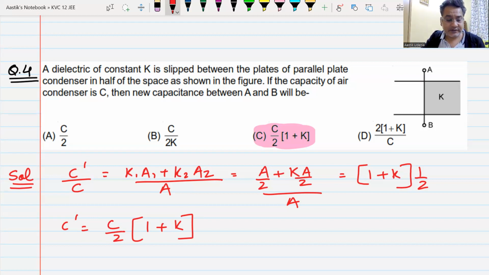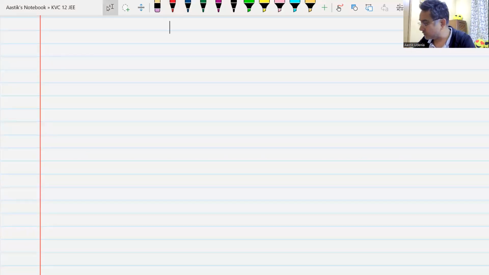So let us write the next heading, and the next heading is going to be force between the plates of a capacitor.